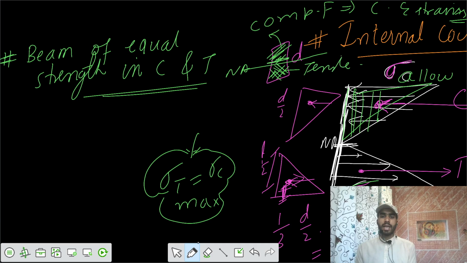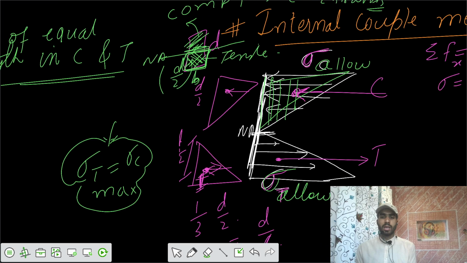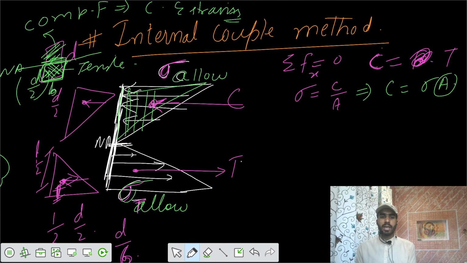If you want to say what's the area of this part, you can say it equals depth d by 2 into width b. And we know that stress is varying from 0 to sigma allowable along this depth.